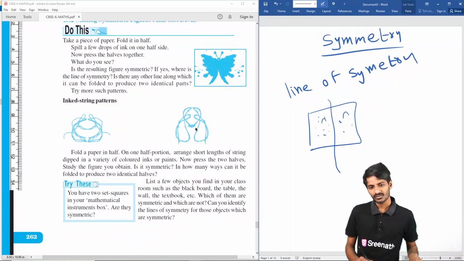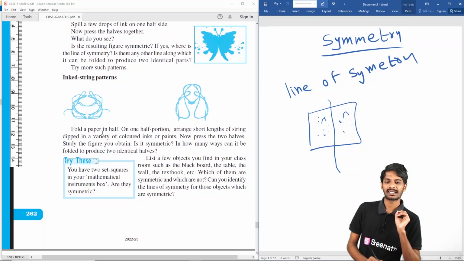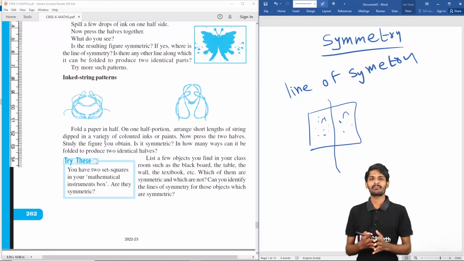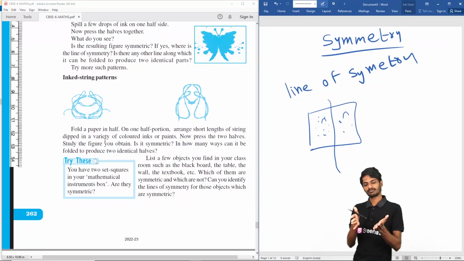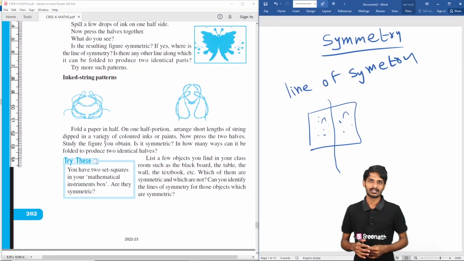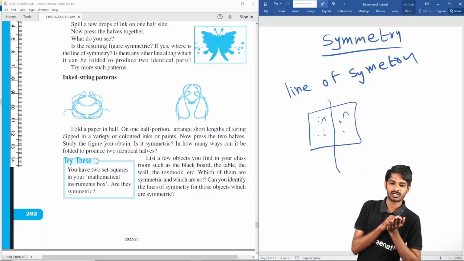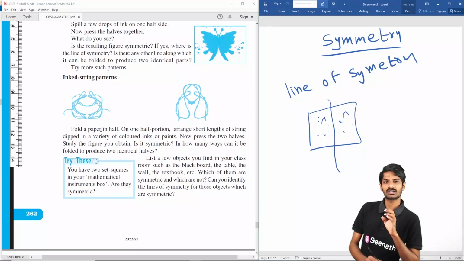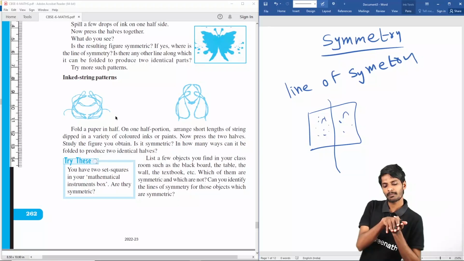Next, inked string patterns. Now again take a paper and fold it. On one half of the paper, arrange some short lengths of string.